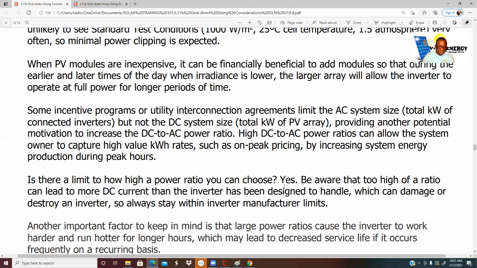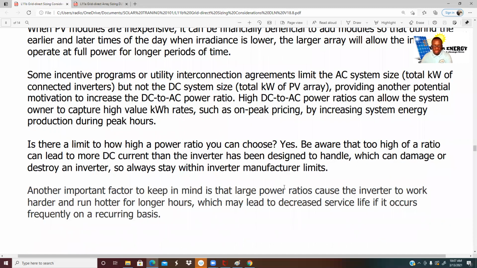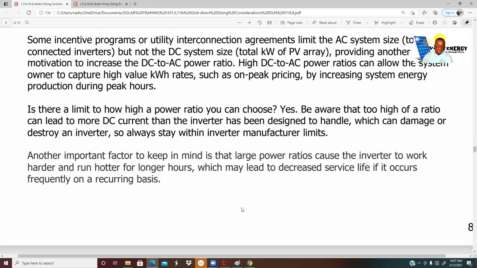Is there a limit to how high a power ratio can be chosen? Yes. Be aware that too high a ratio can lead to more DC current than the inverter has been designed to handle, which can damage or destroy an inverter. So always stay within the inverter manufacturer's limit.